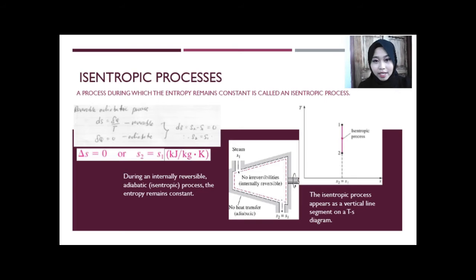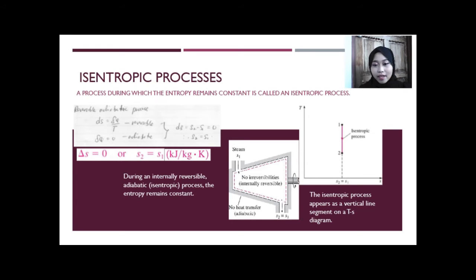The formula is derived from the reversible adiabatic process. From the formula, we know that an isentropic process is a process in which the entropy value at the beginning remains constant to the end of the process.